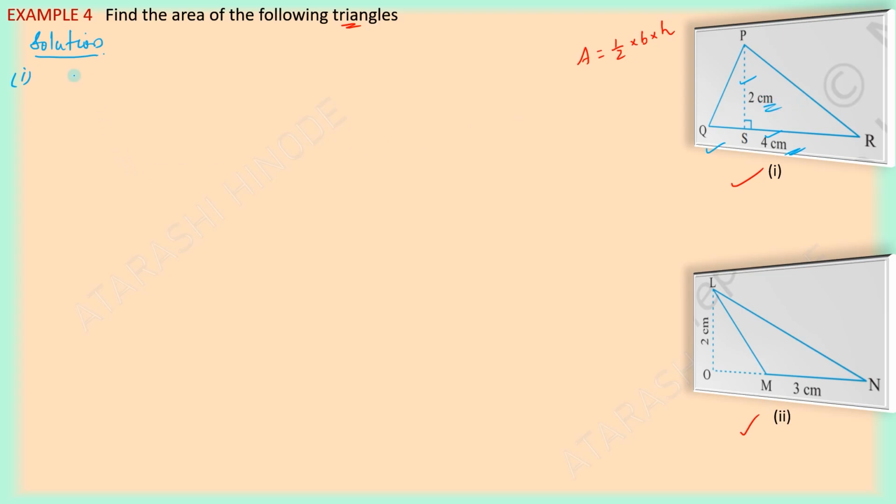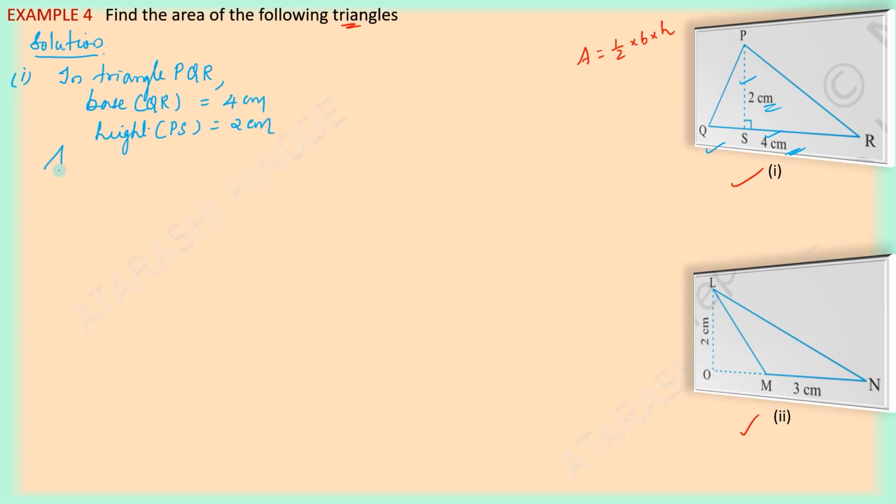So let us write in triangle PQR, base QR equal to 4 centimeters, height PS equal to 2 centimeters.